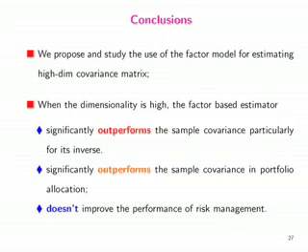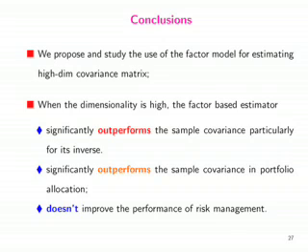I have an outlook. So we proposed and studied the use of the factor model for estimating high-dimensional covariance matrices. And what is the conclusion? When dimensionality is high, the factor model-based estimator will significantly outperform the sample covariance matrix, particularly for anything involving the inverse matrix. This I have repeated many times. The reason is, if you have a factor model, its inverse would also have a factor model structure.